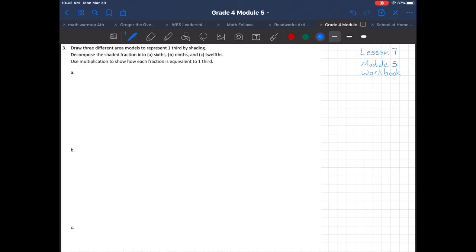3 different area models represent 1/3 by shading. Decompose the fractions into 6ths, 9ths, and 12ths. So I need a rectangle, and I'm going to make it be thirds.